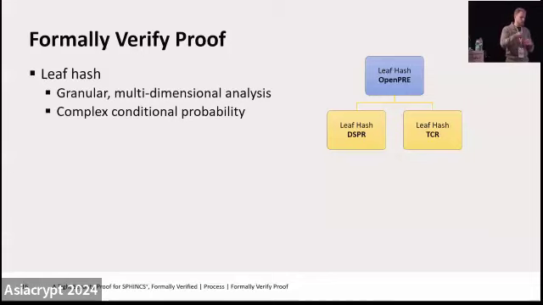Some of the probabilities you have to analyze are conditional probabilities that depend on the behavior of the adversary in the game, which is not inherently easy or supported in EasyCrypt. So this is where we devised a new proof technique where we combine different logics of EasyCrypt to still achieve this.